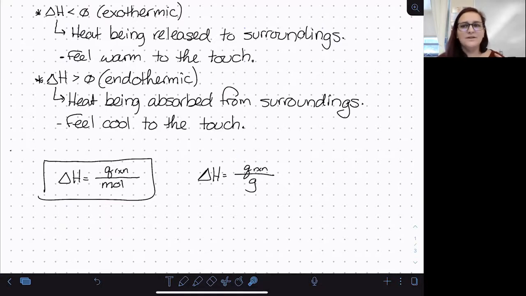So on the nutrition label of any food, probably one of the things you're most familiar with is the idea of a calorie count, how many calories are in a serving of food. Calories are just energy. You can convert joules into calories. They're both measuring exactly the same thing, just in a different way. So calories are typically used for food, joules are typically used in science, but they're both just measuring the energy content of whatever it is that you're talking about.